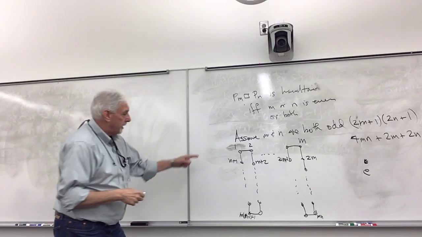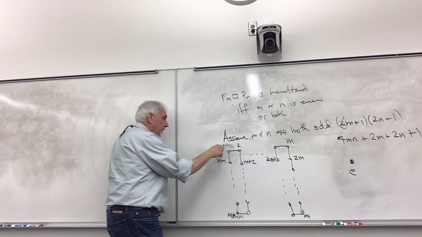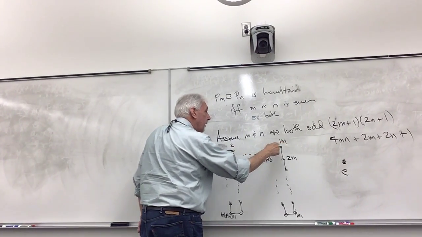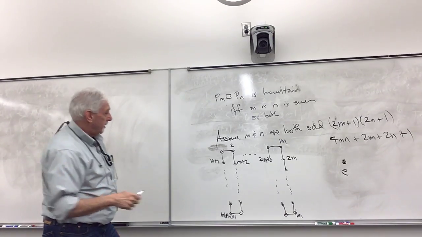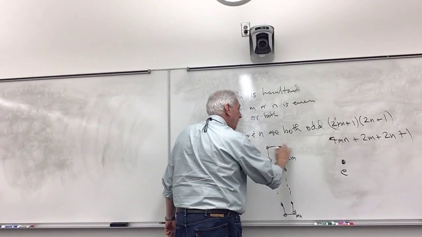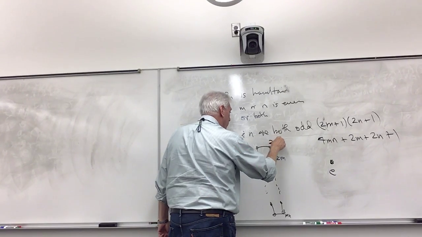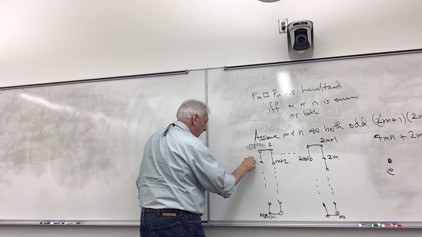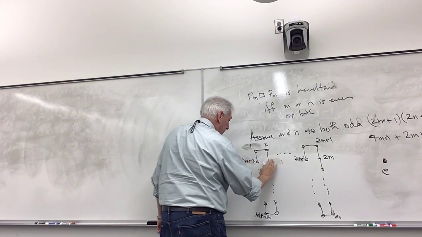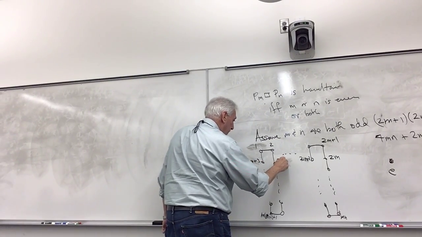Do you want to label this in a different way? You probably want to. So this is... both are odd. Sorry, that's not right. This is 2m plus 1. This is 2m plus 2. That's better. 2m plus 3.